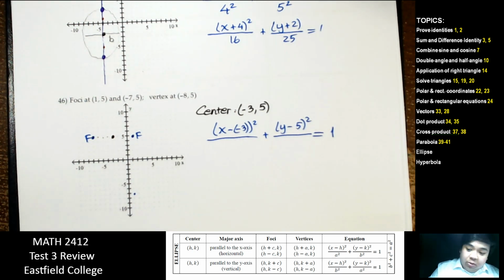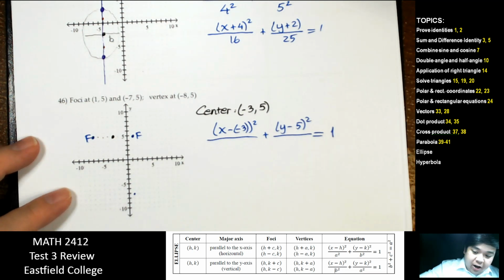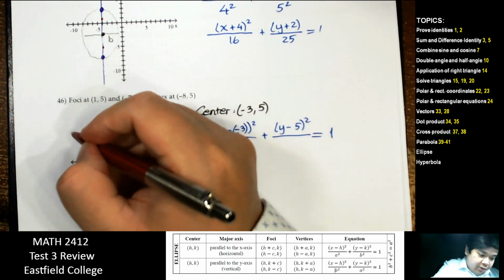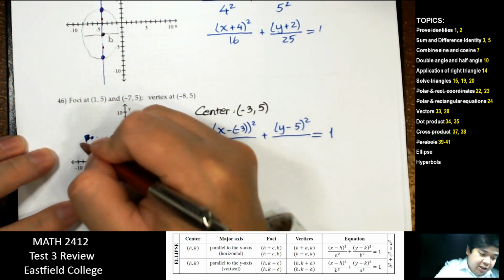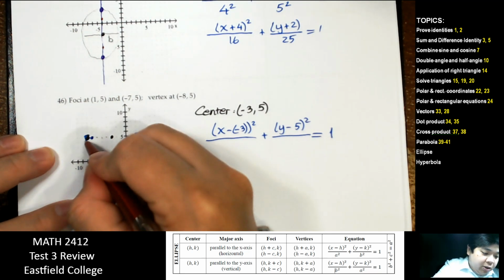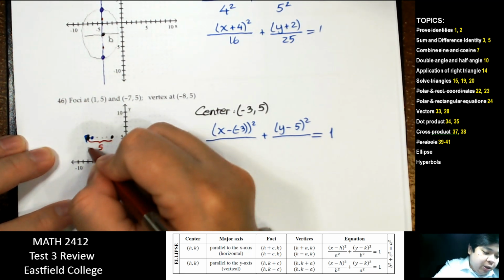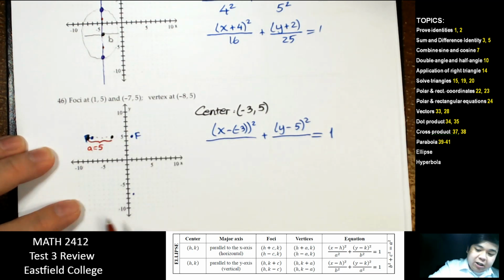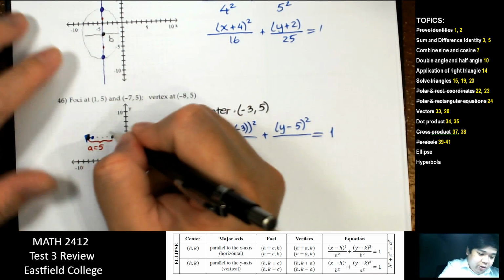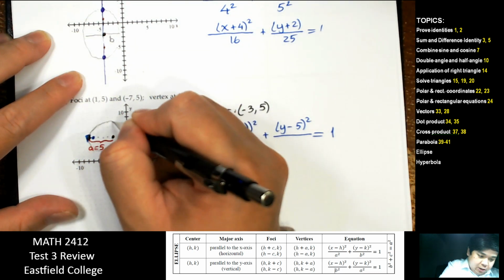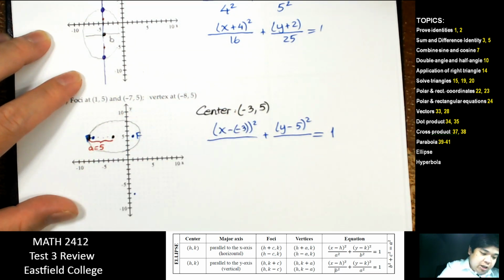We know one of the vertices is negative 8 and 5. So the vertex is here. And because of that, that distance will be equal to 5, which is the biggest one. So the ellipse will go around like that.